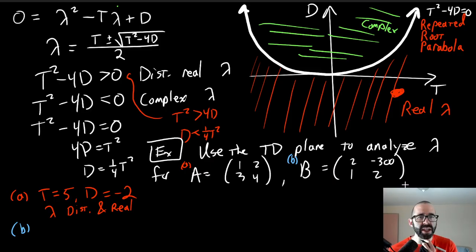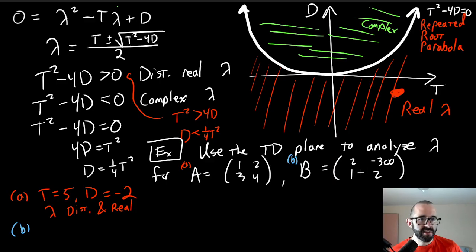Let's not even find B, actually. Why did I throw in this negative 300? I'll tell you why. I put this negative 300 in because I wanted a specific kind of eigenvalue. Because I know what the trace-determinant plane looks like and what the repeated root parabola is, I can force myself to be in one of these behaviors by making one of these values really big.